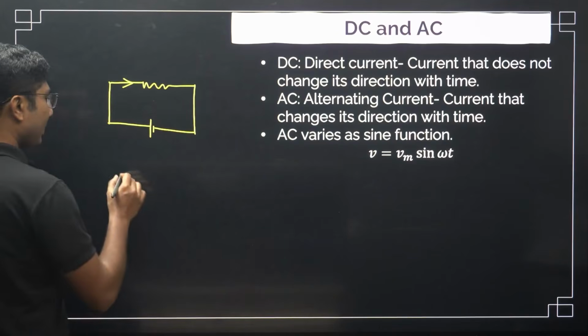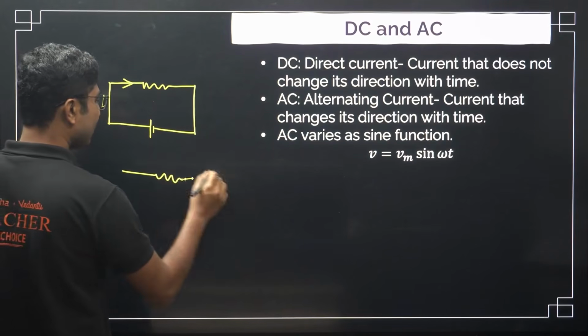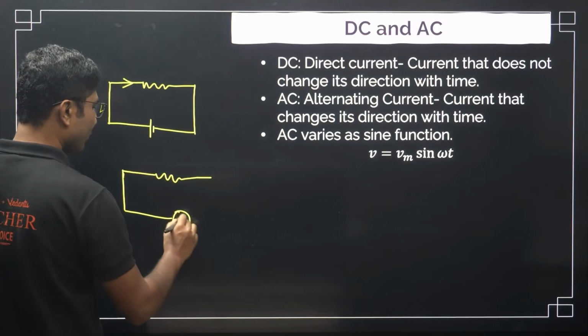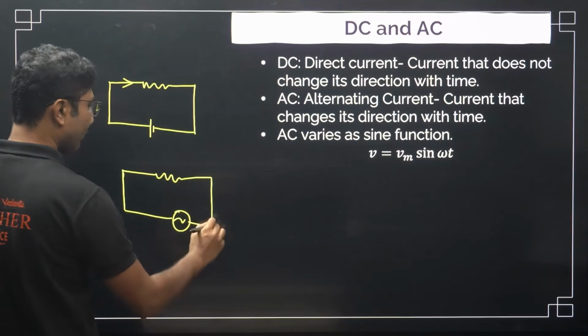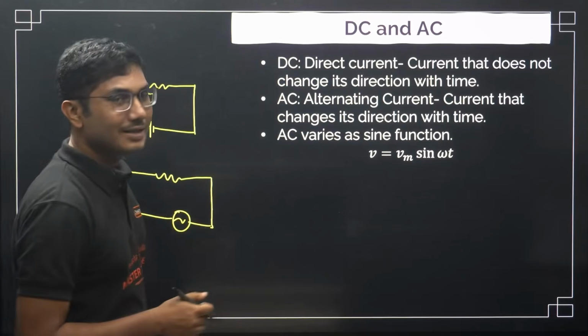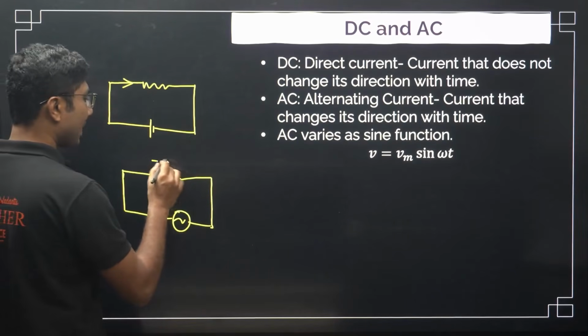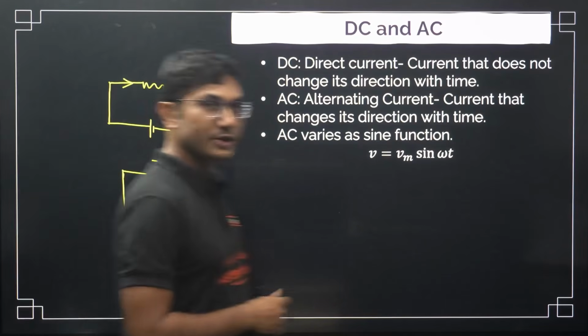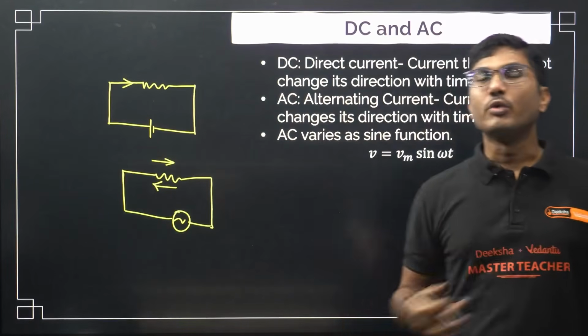For example, if you have another resistor and you apply a new source, the source looks like this. In this case, for some time the current will be in this direction, after some time it will be in the opposite direction, and this cycle will continue.